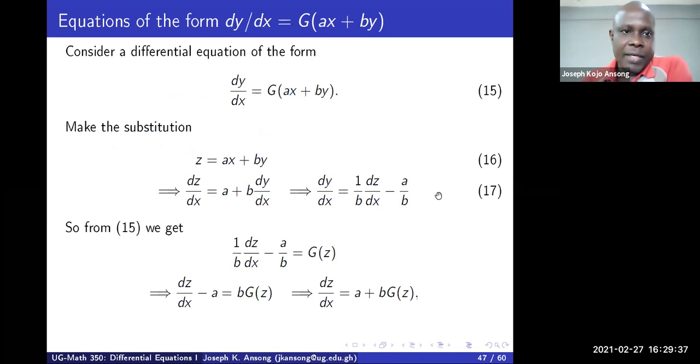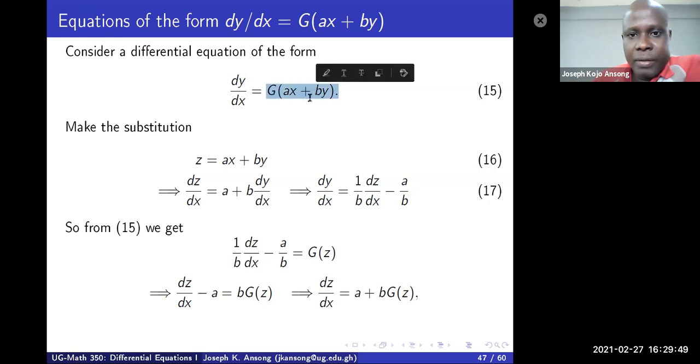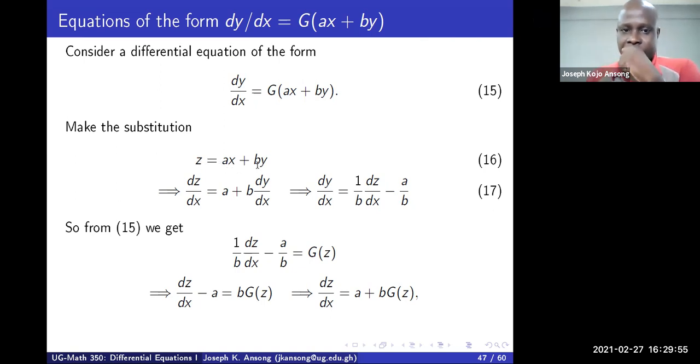So let's look at equations of the form dy/dx is equal to g(ax + by). When you have an equation of this form, the procedure is to make a substitution for the argument, ax plus by. So let z be equal to ax plus by.